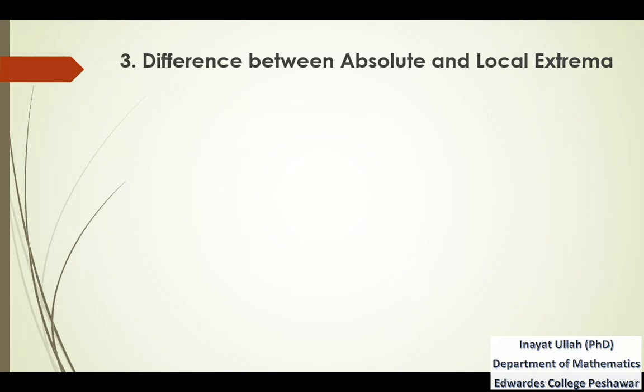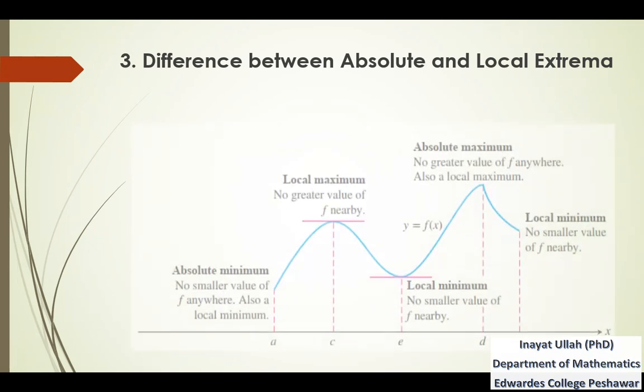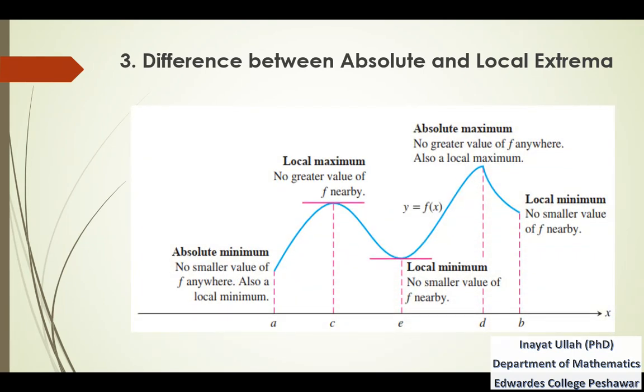The difference between local and absolute extrema is shown here in this figure. This is the graph of a function y equal to f of x, and the domain for that graph is taken to be a and b. We have plotted this graph between a and b, including a and b.